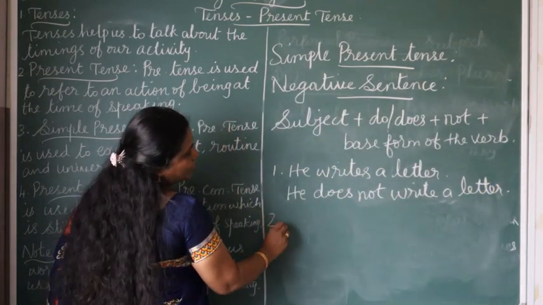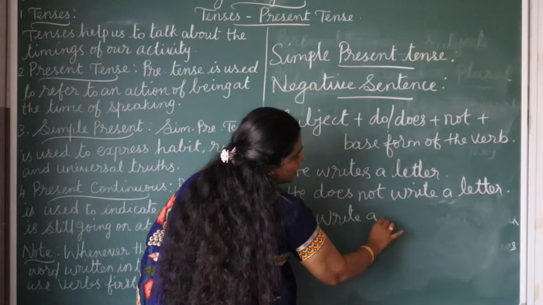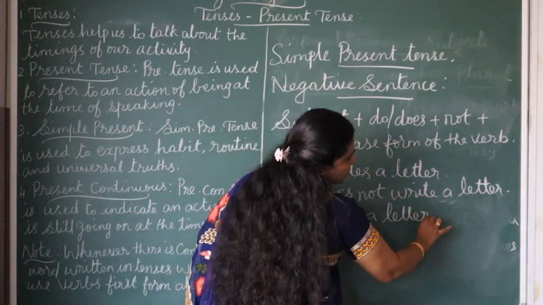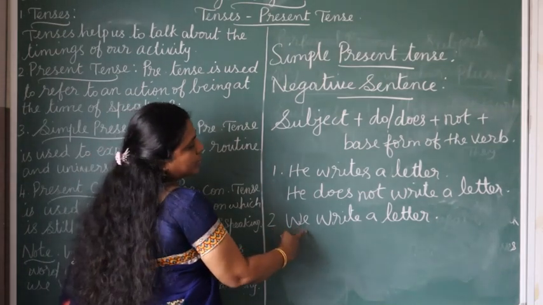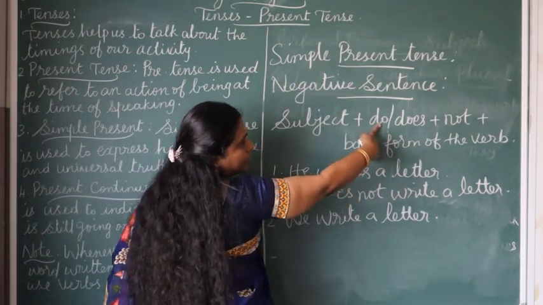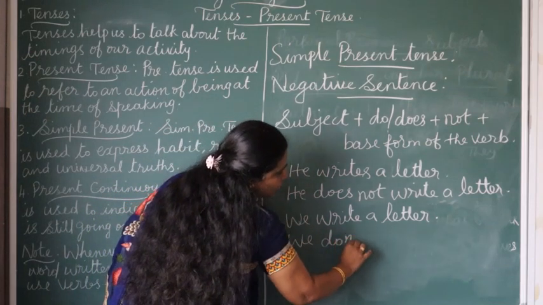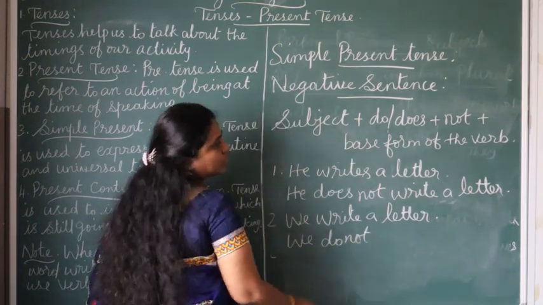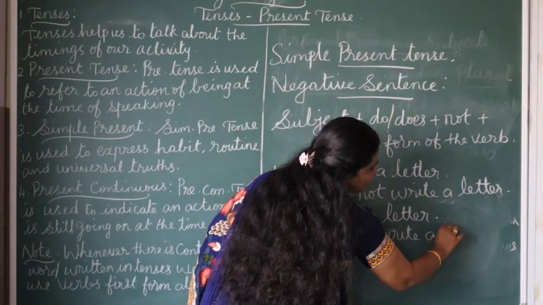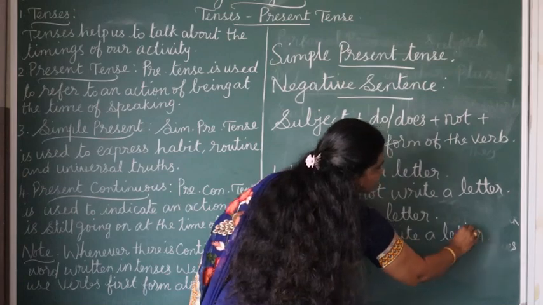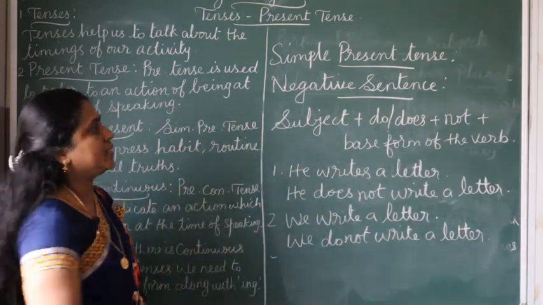Then another example, we write a letter. Here the subject is first person plural, so we use plural verb do. So, we do not, it means don't write a letter. And then next, interrogative sentence.